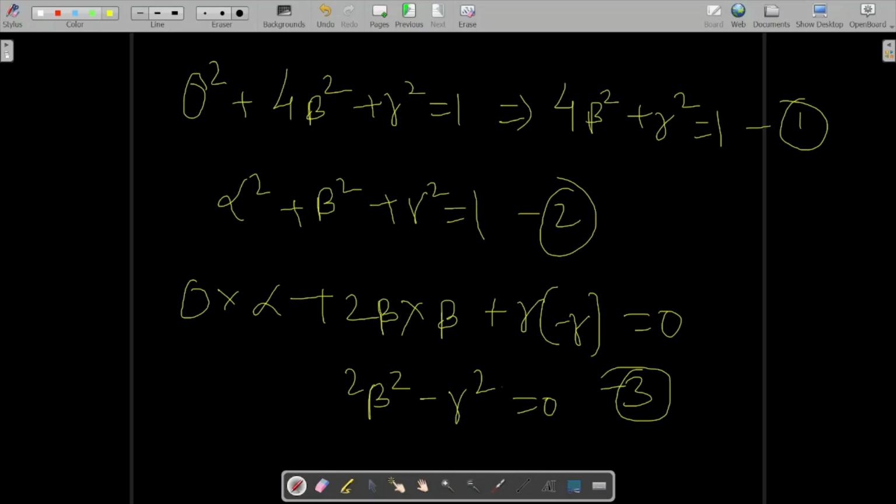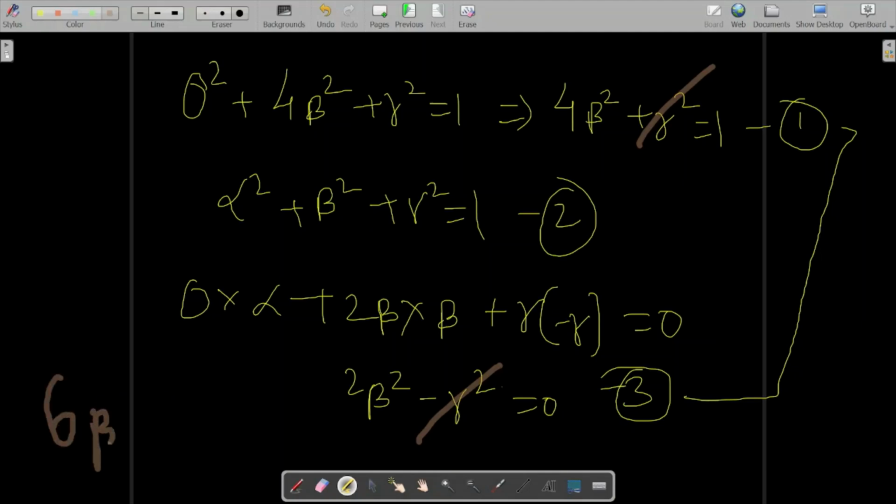This is a nursery thing. You will add equations 1 and 3, and you can clearly see that the gamma square and this gamma square cancel out. So I get 6 beta square is equal to 1, which means beta equals plus minus 1 by root 6. Similarly I can find out the other values too.